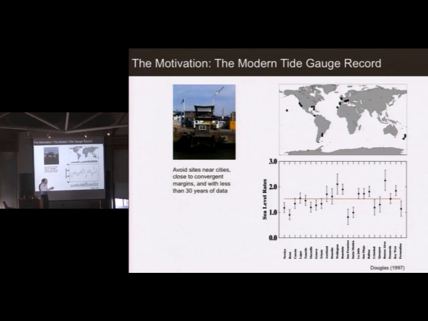In fact, there are 2,000 tide gauges in use around the world, and one of the things that always makes me pause for thought is that estimates of 20th century global sea level rise based on tide gauge data are generally based on 24 tide gauge sites out of the 2,000. So there is an extensive culling, and there are very valid questions that are raised as to the objectivity of that culling.